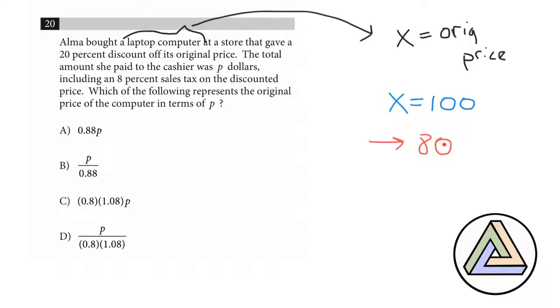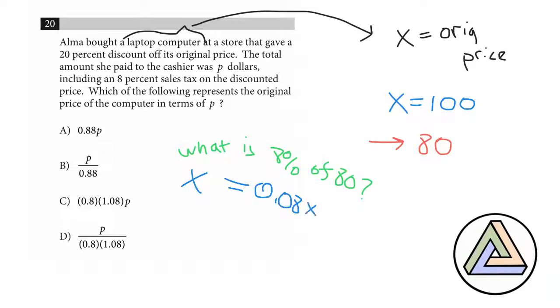Because P is the amount of money she paid the cashier, which is 80 plus tax, and the tax happened to be 8%, right? So the question that I could kind of look at over here is, what is 8% of 80? Let's just find that out right now. The word is means equals, 8% is 0.08. The word of means multiply, and 80 is just 80.